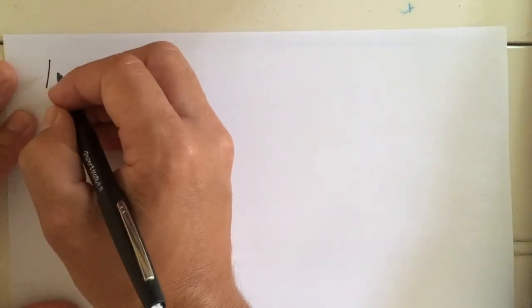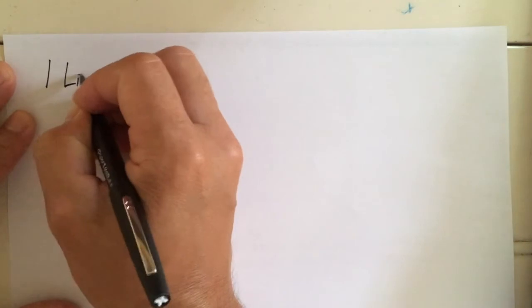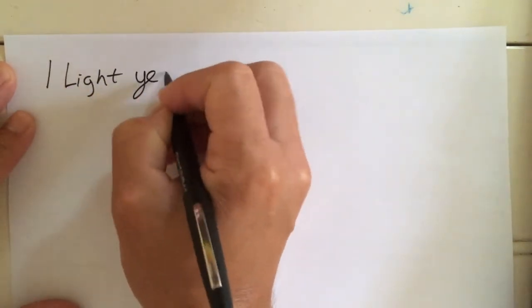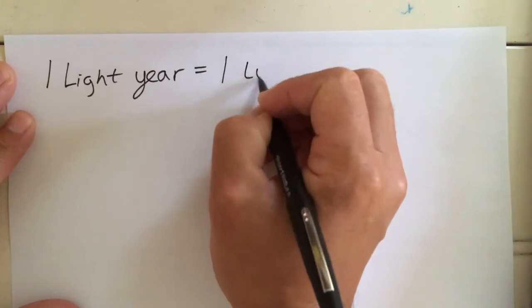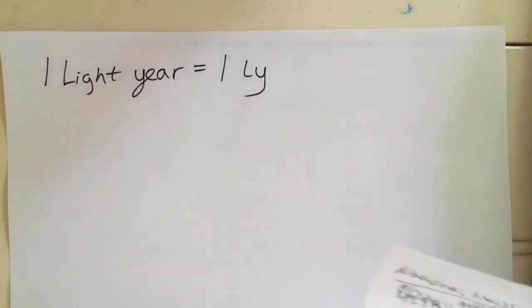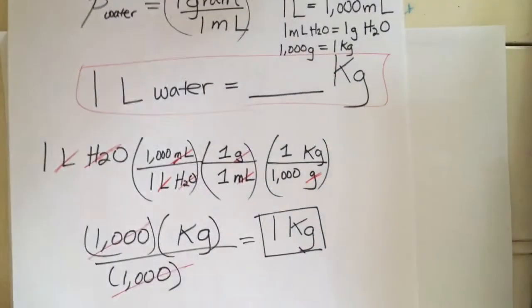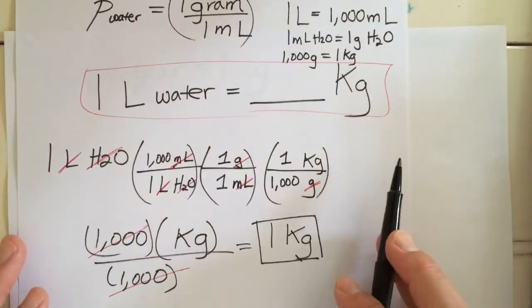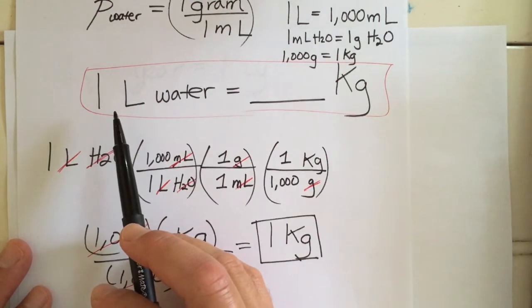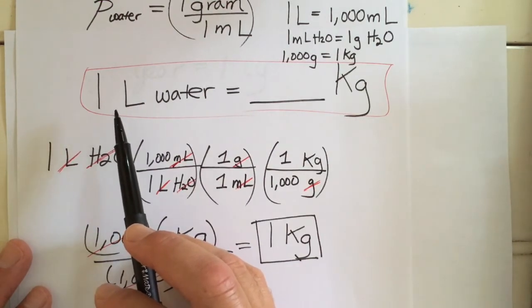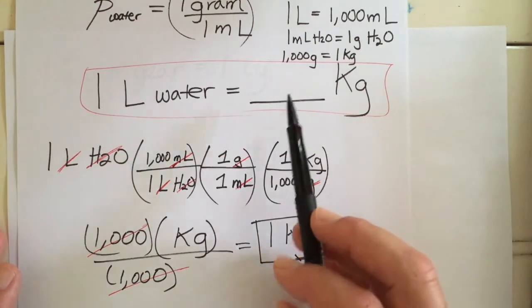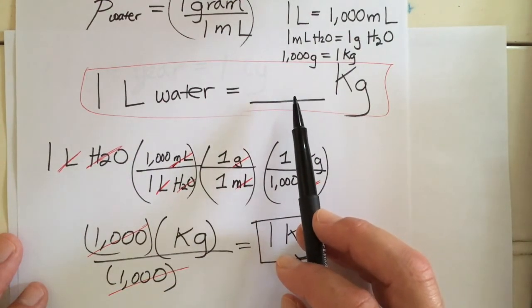All right, for this last one, we're going to work with something called a light year. Okay, so just thinking about that last problem. What that says then, if that's true, is that if we fill up a 2 liter bottle with water, it would roughly be about 2 kilograms.